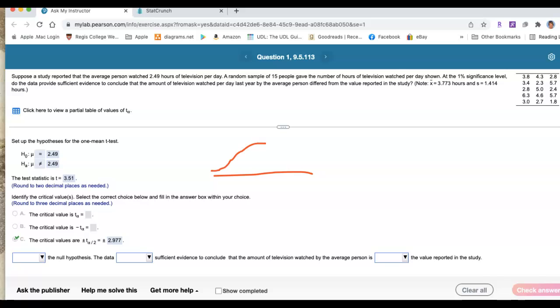So if I do this, and I use my T here, and it is a significance level of 0.01, this area right here is half of 0.01, the same as here.